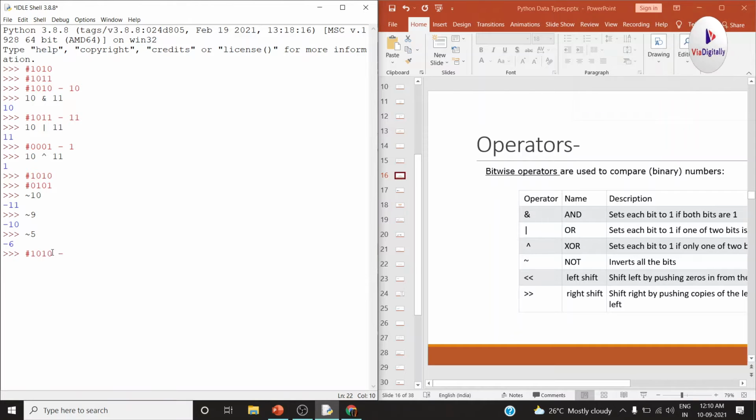Now let us try to invert this number 01010. Then my number becomes 10101. So if we try to calculate this number, what will be my value?